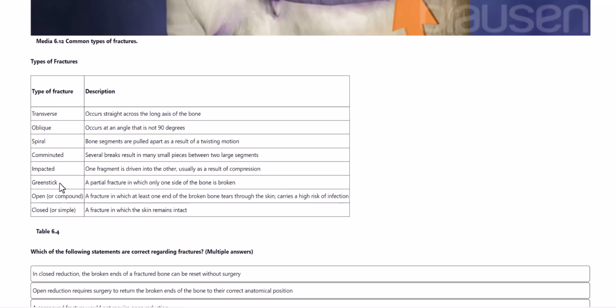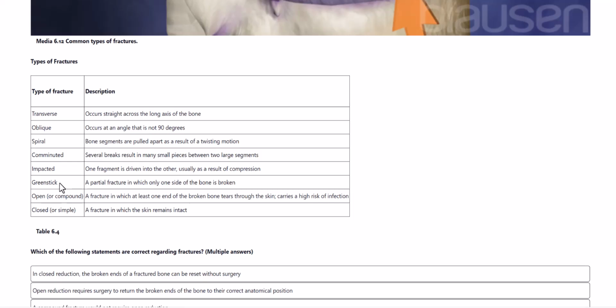Green stick fracture. A green stick fracture is a partial fracture. The bone did not completely snap in half. Remember, bones have some flexibility, and so a green stick is a partial fracture. If you've ever just walked through the woods or picked up a twig, you know that a dead brown twig, if you snap it, the whole thing will snap very, very easily.